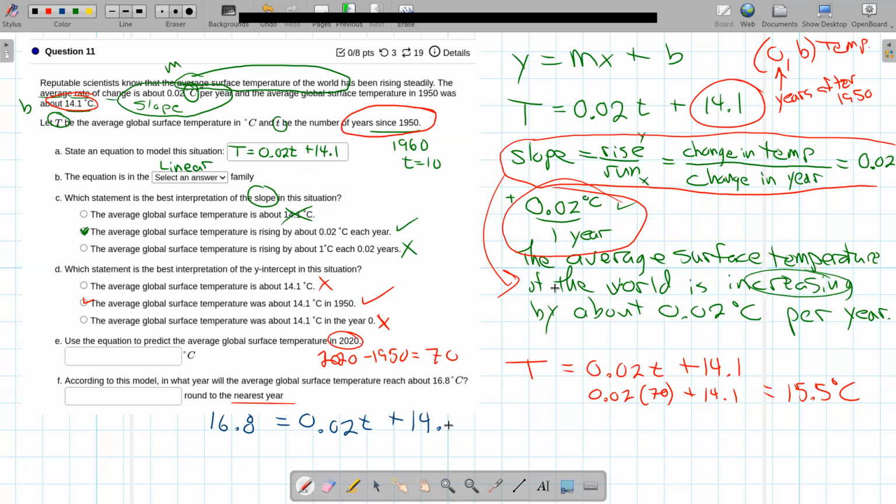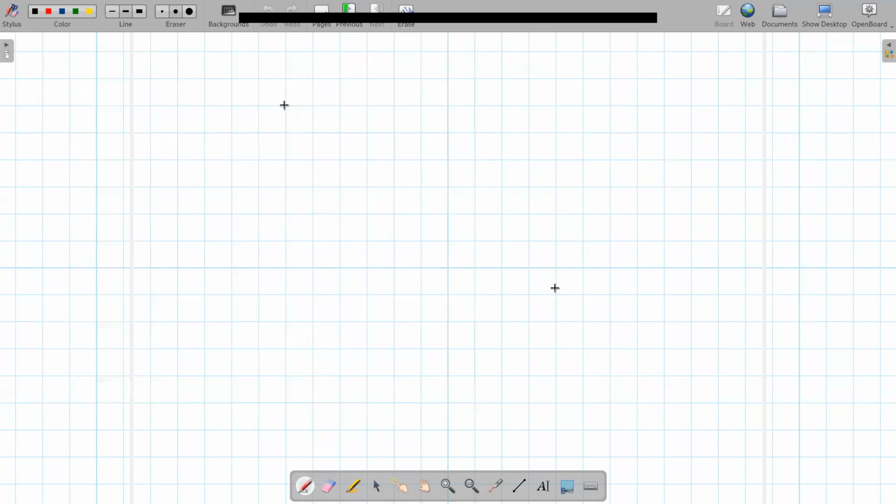We've got to solve for little t here. We need a new piece of paper. I'm going to change the order. I'm going to write the 0.02 T plus 14.1 first equals 16.8.